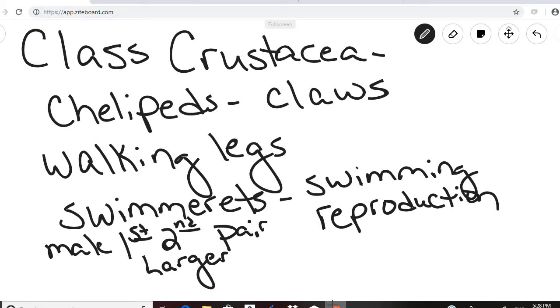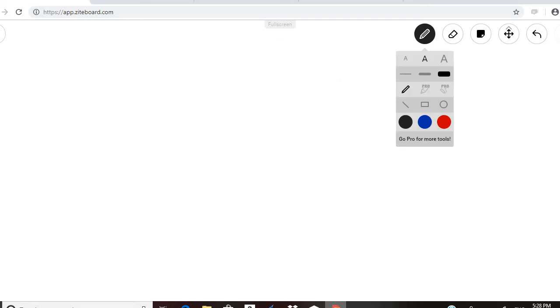In a female, the swimmerets carry the eggs, and they also carry the developing baby crayfish. Okay, so swimmerets are important both for swimming, but also for reproduction.